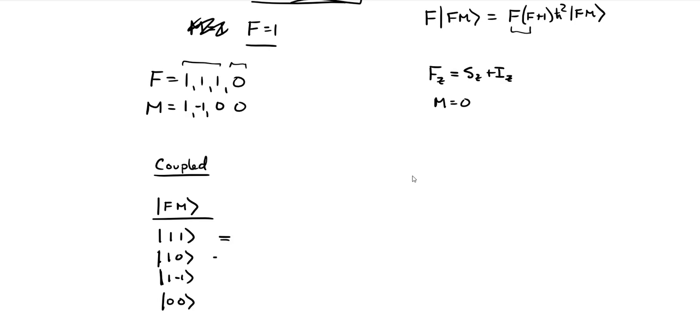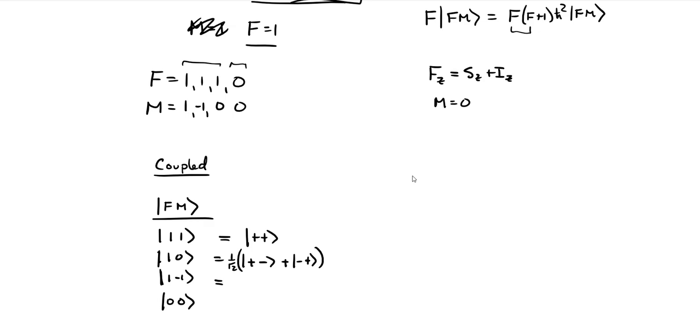And in the uncoupled basis, these end up being equal to just plus, plus, 1 over root 2. Sorry, I have to normalize this. Plus, minus, plus.